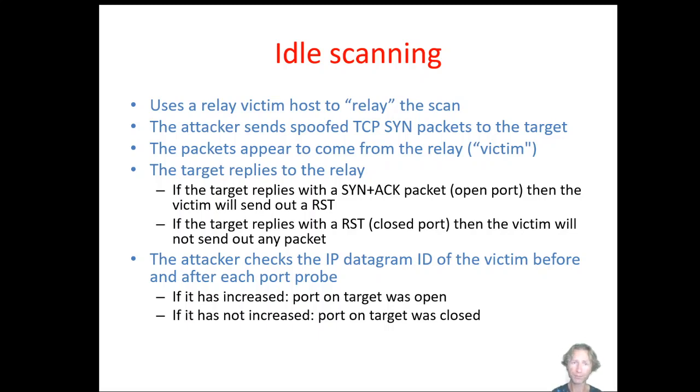What we do is we send a TCP SYN packet to a target, and we send that packet with a spoofed IP address, pretending to come from the relay. And the target then replies to the relay, because we send a SYN to that target, and it will reply with a SYN-ACK.